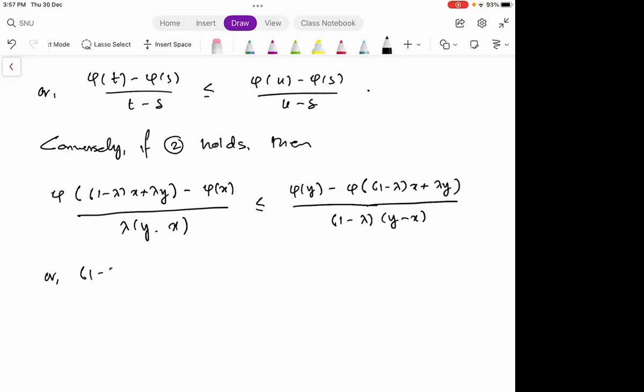I'm left with 1 minus lambda phi... no, minus.